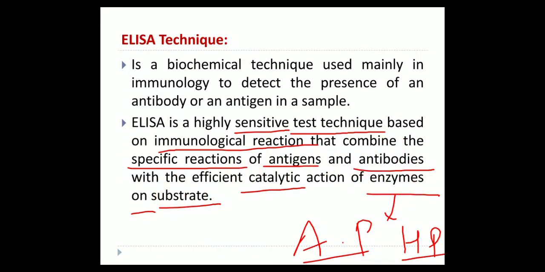What happens is the enzyme will react with the substrate and give a color change, and according to that color change we identify the concentration, the quantity of antigen in a serum.